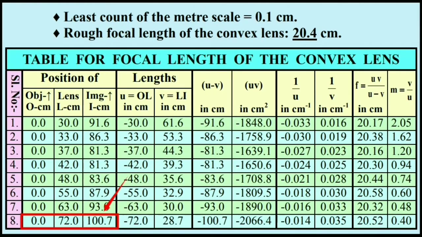Here is the last observation of the experiment, observation number 8, where on the meter scale the object pin position is 0.0, the lens position is 72.0, and the position of the image locating pin is 100.7, and the values shown in other columns are calculated based on the observation taken.